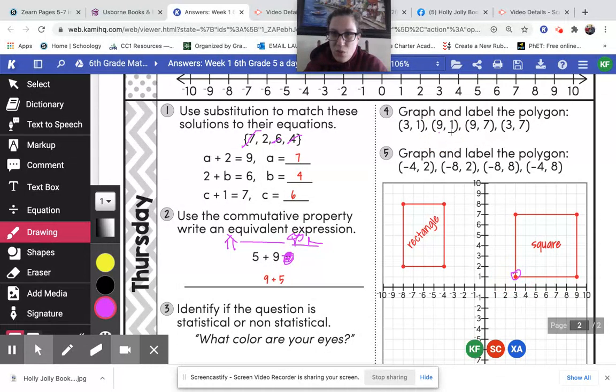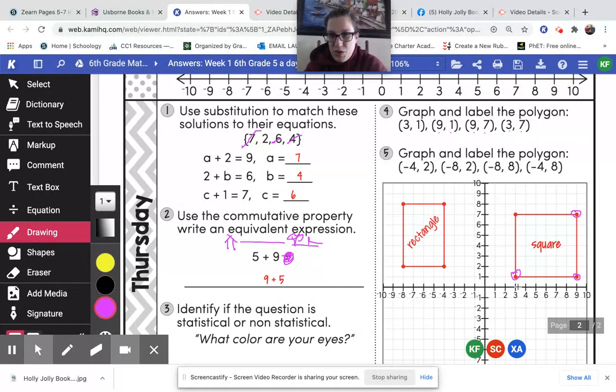Then 9, 1. So I'm to the right, plus 9, and up positive 1 for y. Then 9, 7. So I go from 0 over positive 9 and up 7. There's the 7. It's right in line. Then 3, 7.